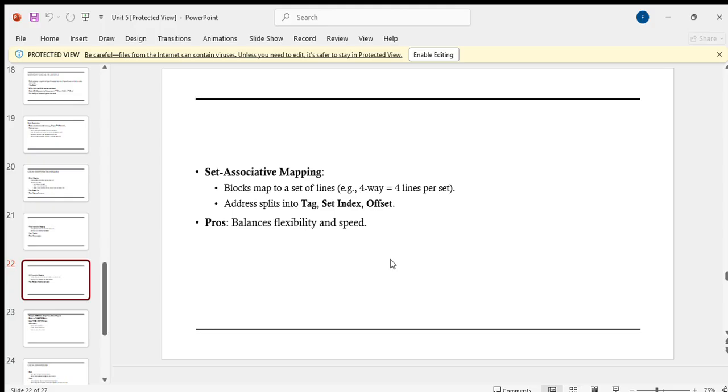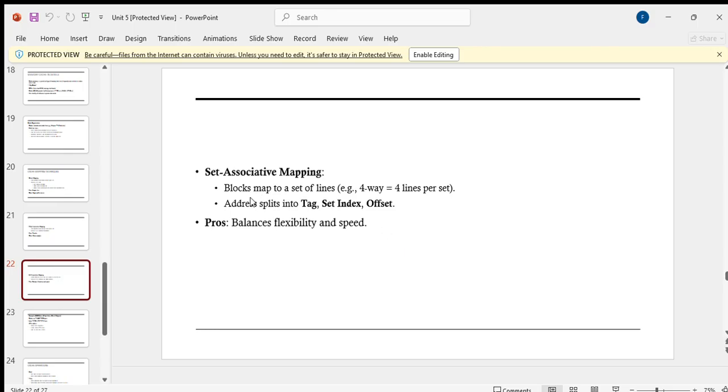Set associative mapping is a compromise between direct mapping and fully associative mapping. It is a combination of the direct and the fully associative.